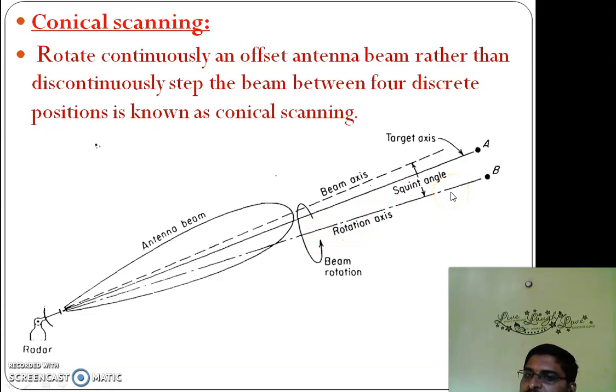In this case, there is an angular error. Here target B is along the rotation axis, so target B lies along the rotation axis. This is conical scanning.